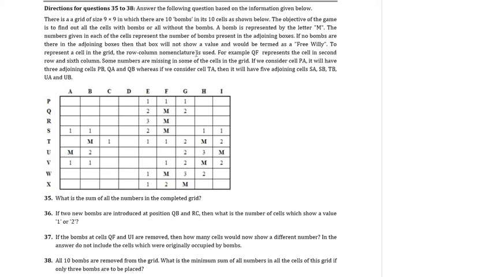Then there are certain rules that are given, which means that the number represents a number of bombs, etc., QF represents the cell, and so on. So certain rules are given, and you need to try and fill this table and try and see where the other numbers will get filled.